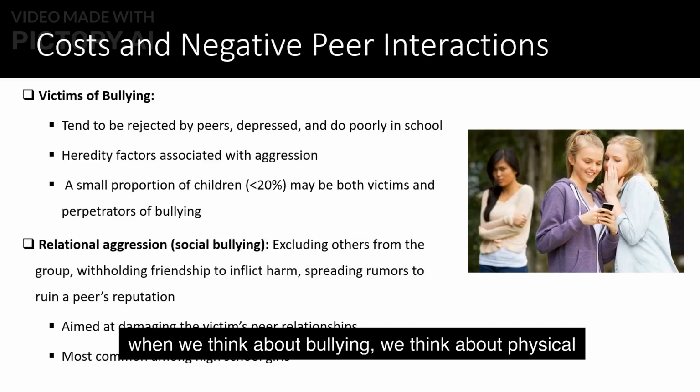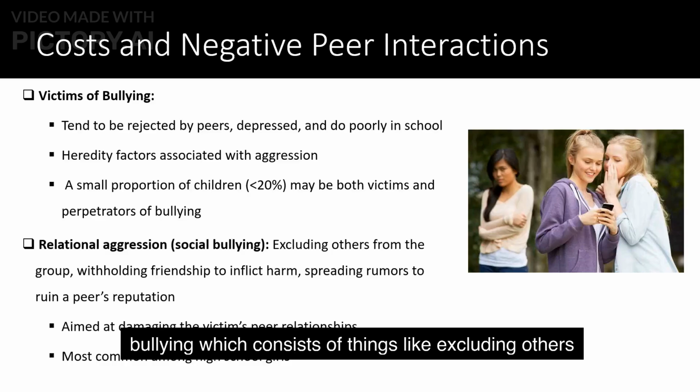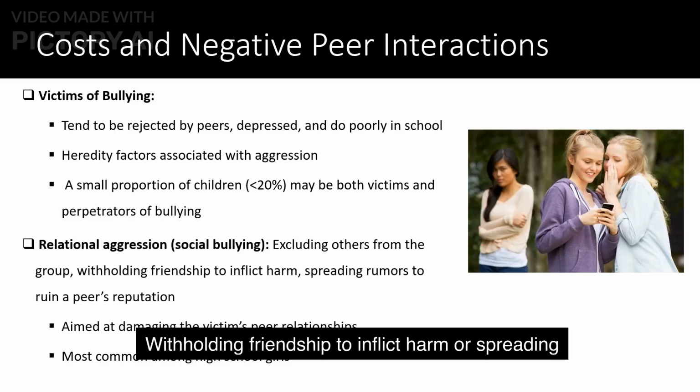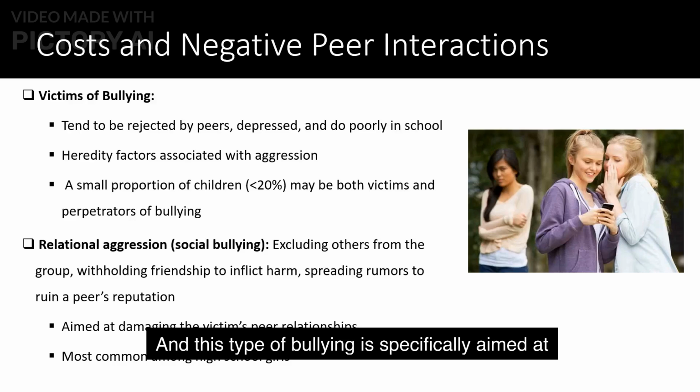And a lot of the time when we think about bullying, we think about physical bullying, but there's also relational aggression or social bullying, which consists of things like excluding others from the group, withholding friendship to inflict harm, or spreading rumors to ruin a peer's reputation.